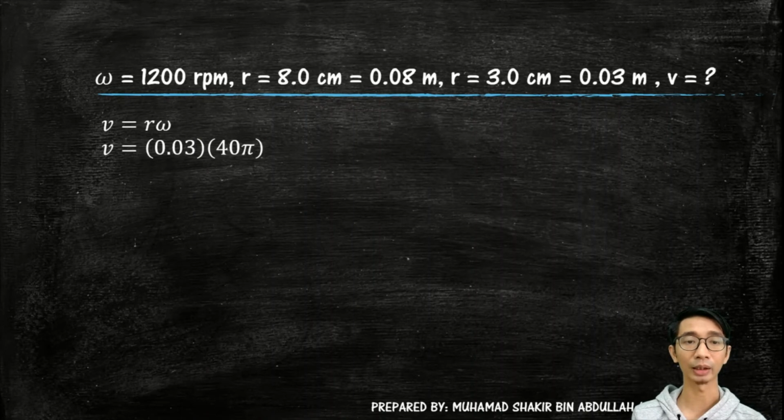Again, I remind you that your r should be 0.03, not 0.08, because the question specifically asks when r equals 3 centimeters. And omega equals 40 pi, which we already calculated in the first part. Then we have v equal to 3.77 meters per second.